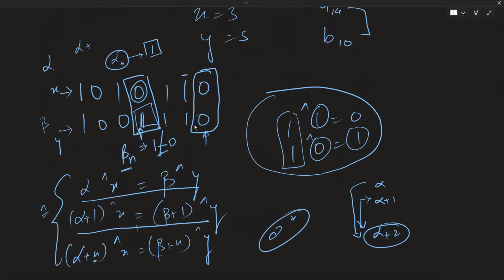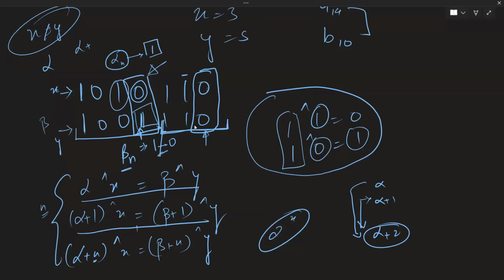Now, the first place at which these bits are equal, since x is not equal to y, before this you can have anything. After this point, you'll have some adjustments made. If they are the same, okay, you can have anything in alpha and the same thing in beta.